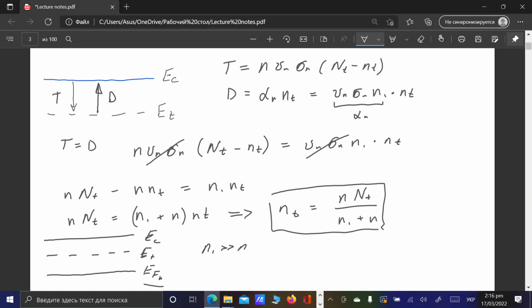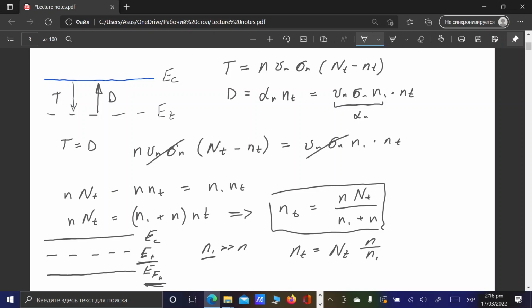And obviously N1 determined by position of ET will be much larger than N determined by the position of the quasi-Fermi level. So in this case we can take this into account, and the concentration of trapped electrons will be equal to total concentration of defects times concentration of charge carriers in the conduction band divided by N1.